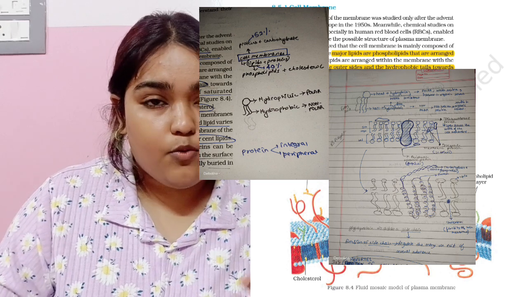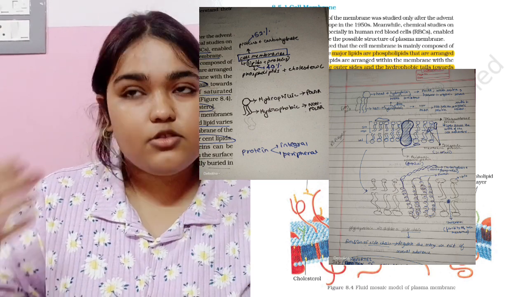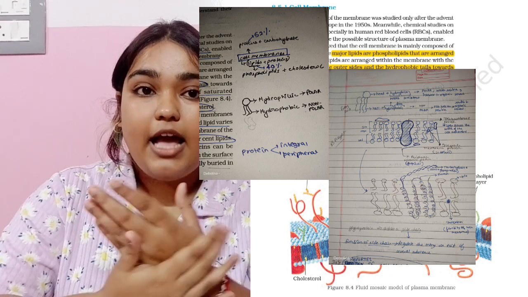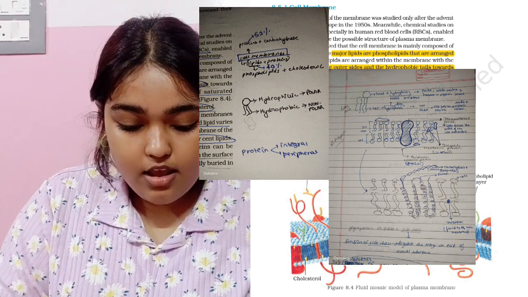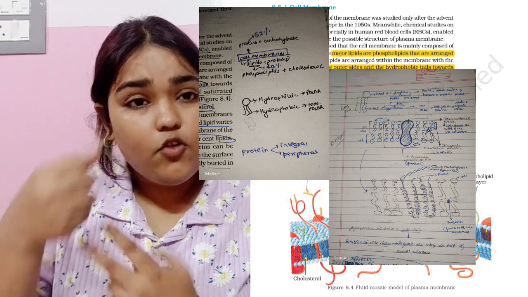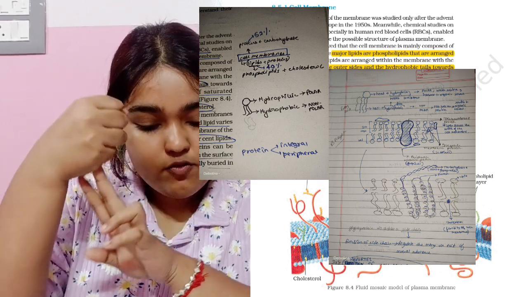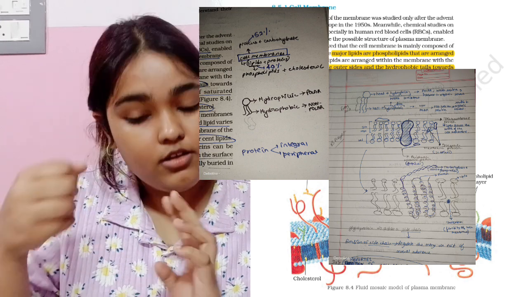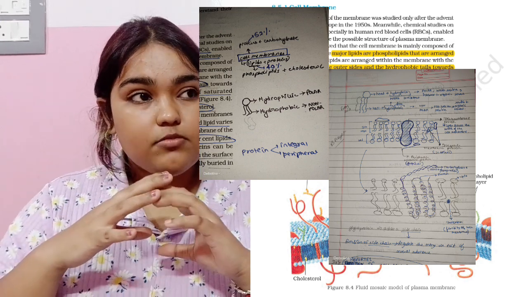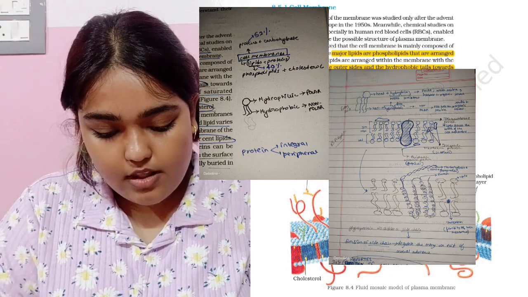What is water? Is it polar or non-polar? Water is polar. So the hydrophilic head can remain in aqueous medium, but the hydrophobic tail cannot. These are the hydrophobic tails; they are non-polar. So as to protect them from the aqueous environment, they are inside.